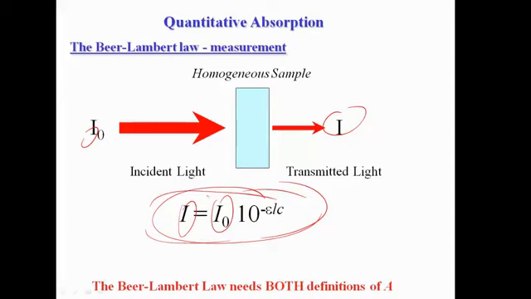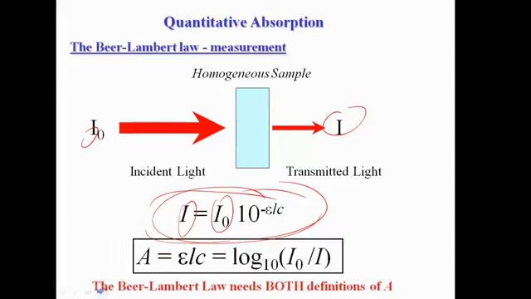So that's another definition, if you like. We've already had the absorbance, which is equal to epsilon CL, and now we have that the absorption is also equal to this. Let's see if we can do the mathematics to get to that.